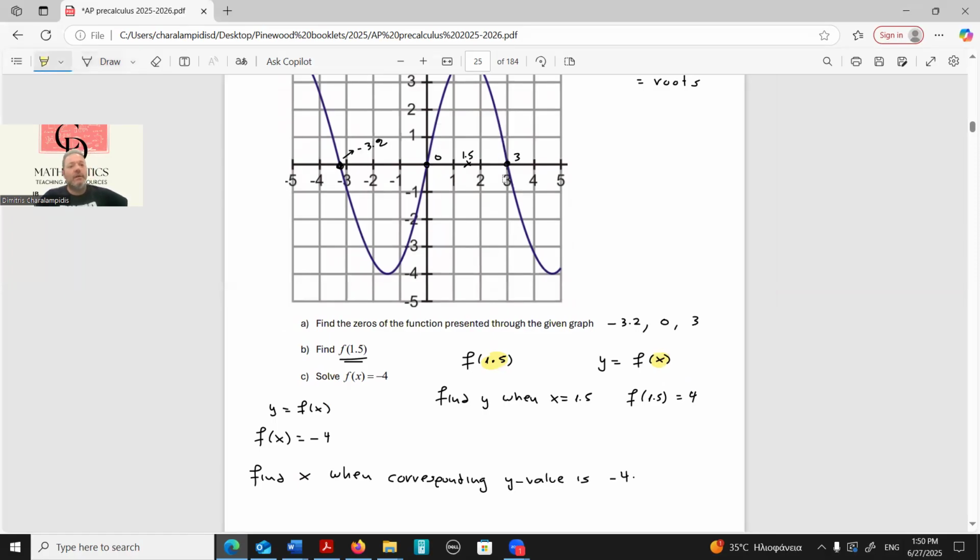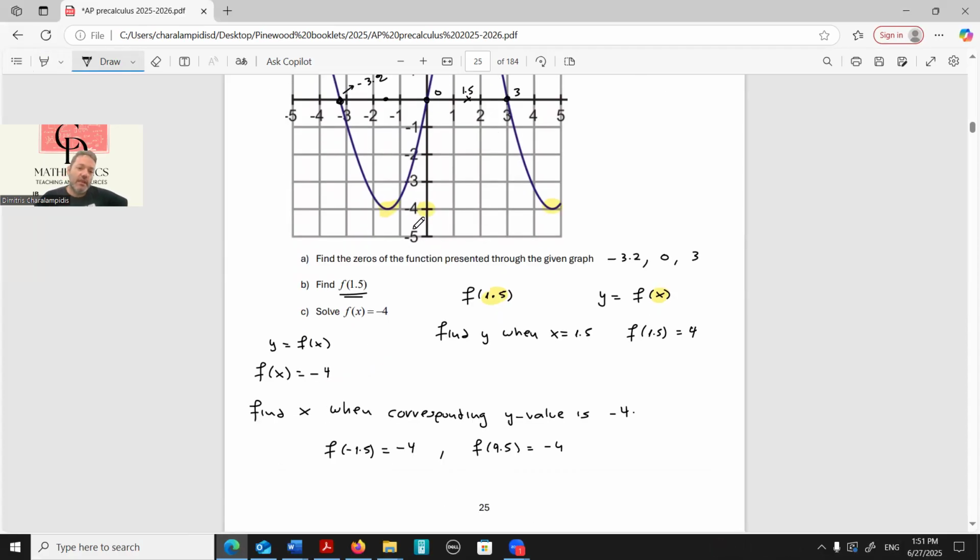So I'm going to trace on the graph the y value of -4. We have it here and there. So it could be, let's say, minus 1.5. F of minus 1.5, we can see that it is -4. And f of 4.5 is also -4, which means that the solutions I needed for C would be x equals minus 1.5 and x equals 4.5.